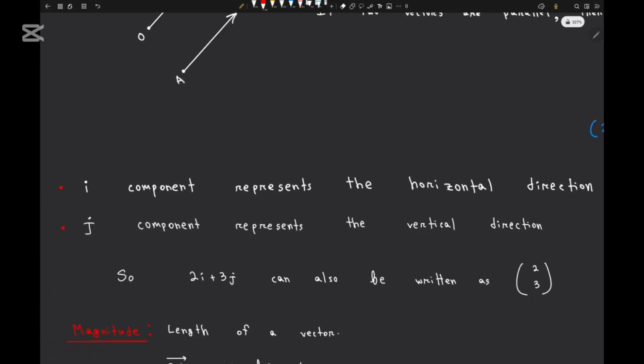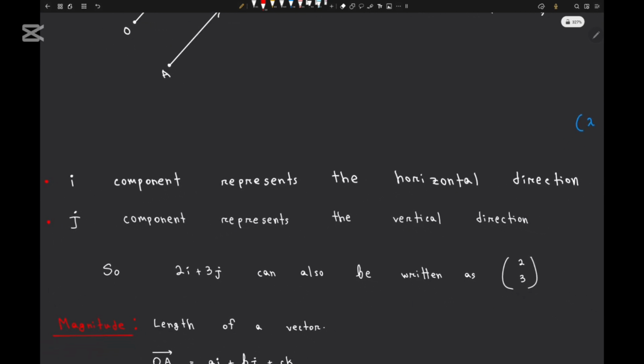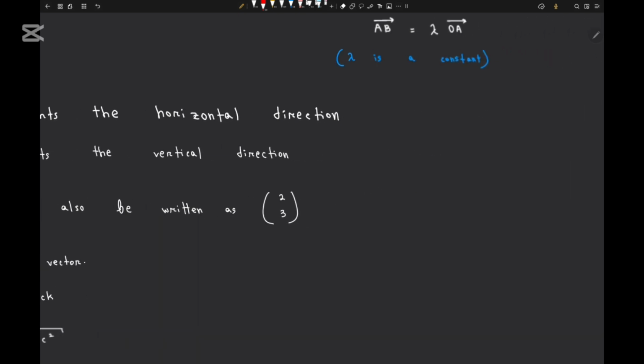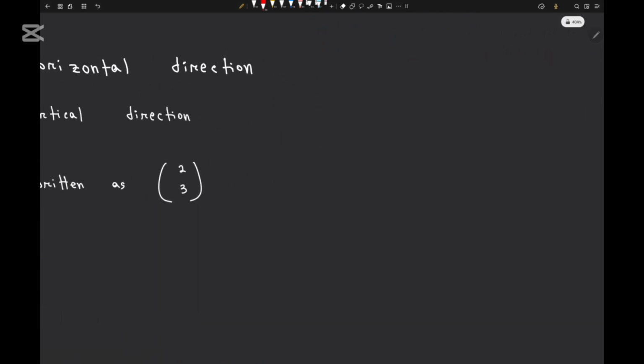Now I hope you're all familiar with the ij component. Sometimes the vectors are given as 2i plus 3j. So basically the i component represents the horizontal direction and the j component represents the vertical direction. So let's say we have a vector which is 2i plus 3j.